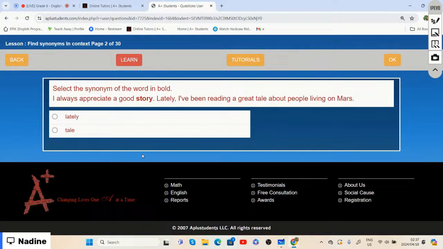I always appreciate a good story. Lately, I've been reading a great tale about people living on Mars. We need to find another word within the second sentence that's the same as story. Is it lately or is it tale?